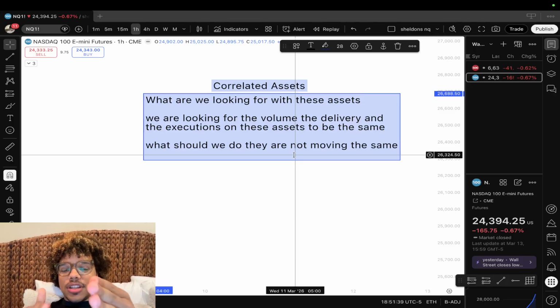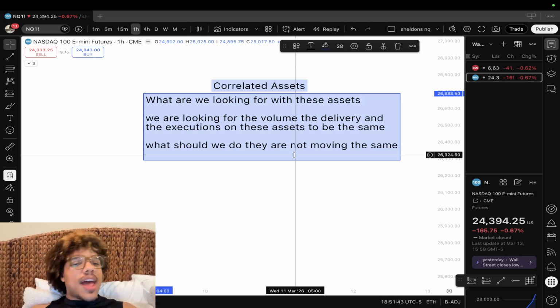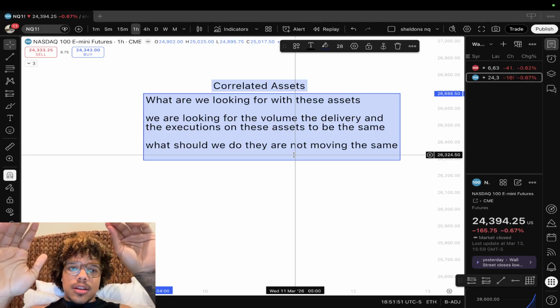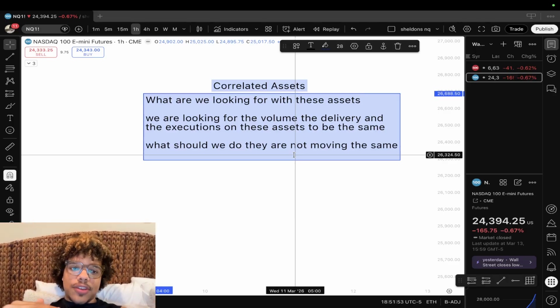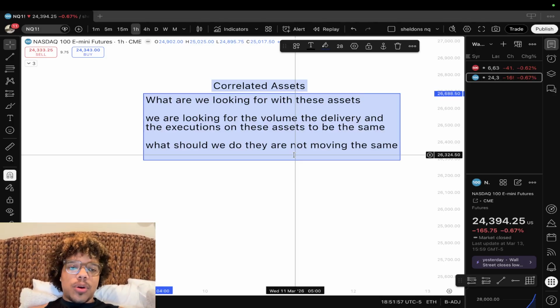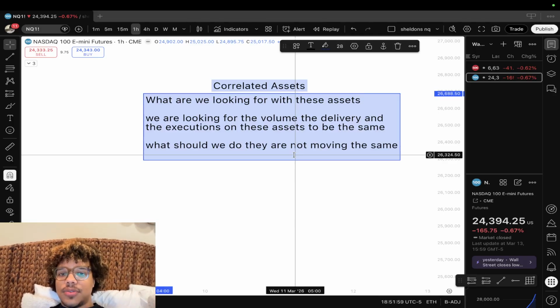Because that's literally trying to predict a coin flip. What if ES is telling the truth and NASDAQ isn't? What if NASDAQ is telling the truth and ES isn't? These are things we need to have lined up, because if they are correlated assets and they are moving differently, one of them is right and one of them is wrong. The one that's wrong is going to end up correcting itself in the future.